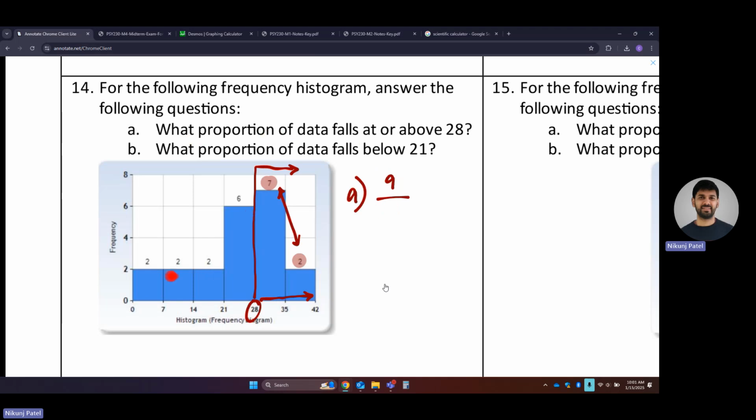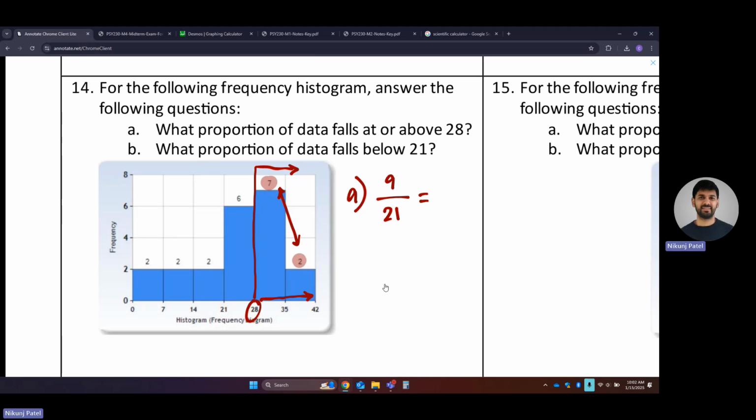So we'd also need to count all of the rectangles in total. 6 plus 2 plus 2 plus 2, that's 6 plus 6, which is 12. So there's a total of 12 so far. 12 and then plus 7 is 19, and plus 2 more is 21. So there's a total of 21 if you collect all the rectangles together. So that's taking the heights of each rectangle and adding them all up. Right, so 9 over 21, that's your proportion.